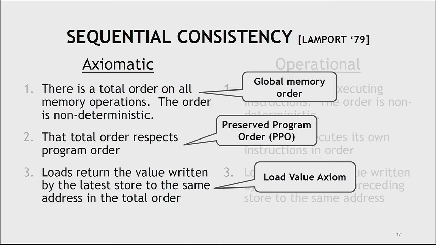In the middle here, we have the subset of program order which is preserved into the global memory order. That's called preserved program order, or PPO. In sequential consistency's case, that's all of program order. In other memory models, PPO gets weakened, so not every part of program order gets into preserved program order. And then this rule number 3 at the bottom here is called the load value axiom. So I'm going to use these terms as we go forward.